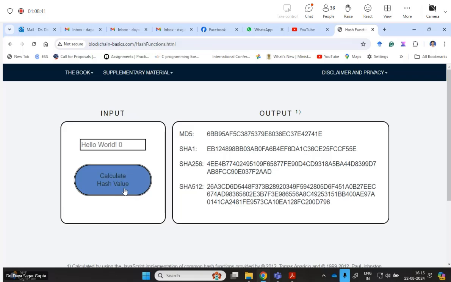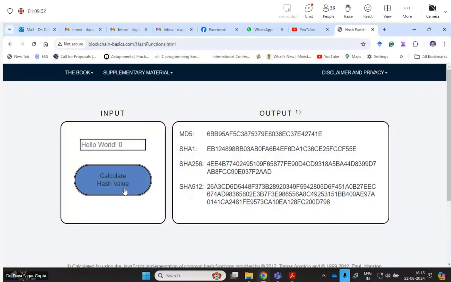So what do you guess from this? Finding the hash value is very efficient. If I give a message, it is produced as soon as I press calculate hash value.